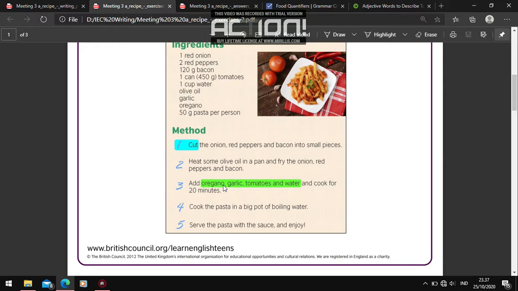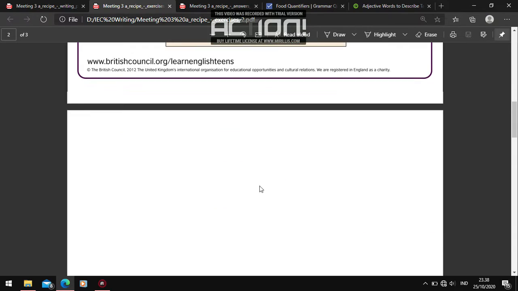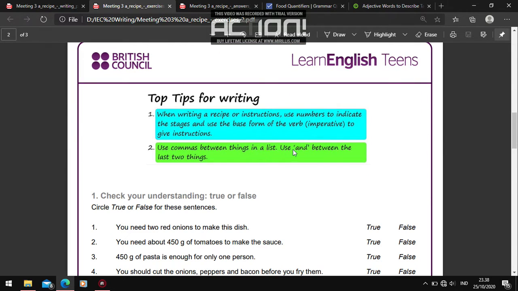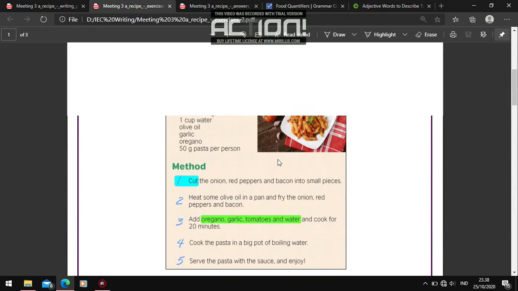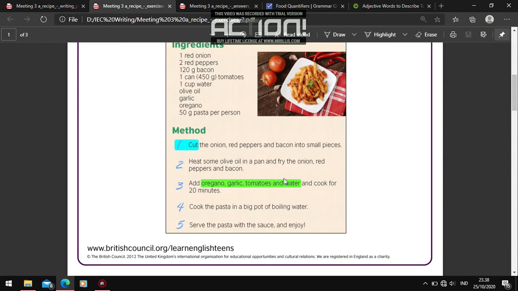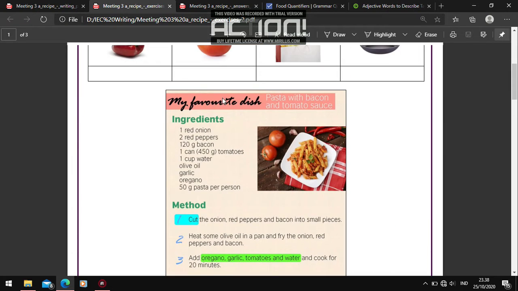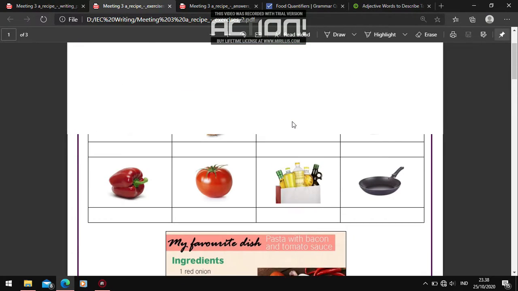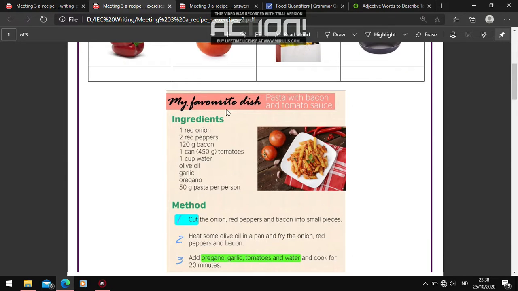Add oregano, comma, space, garlic, comma, space, tomatoes and water. Remember, the last one, the last description, you need to put and. That's why here it says use commas between things in a list and use and between the last two things. From here you can see the last two things are tomatoes and water. So that's why you put and here. Okay, so those are the tips when you are writing the recipe of food or a dish.